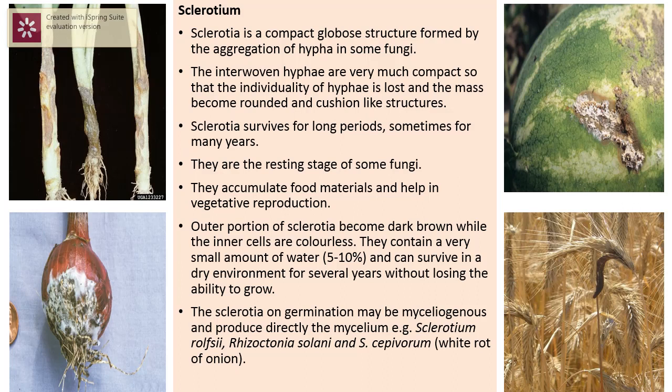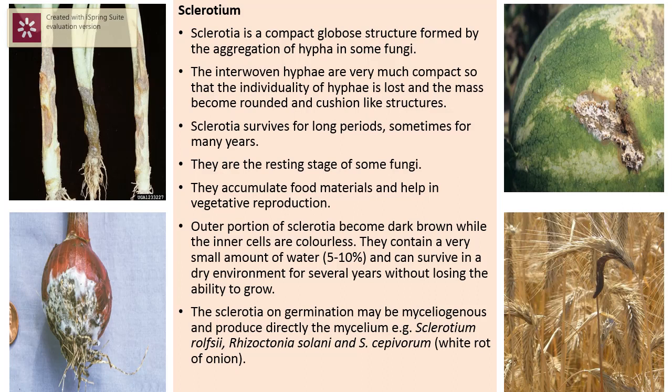Now, in these globose structures, as you can see in the picture down right, the outer portion of the sclerotia becomes dark brown while the inner cells are colorless. They contain a very small amount of water and can survive in a dry environment for several years. When favorable conditions appear, they grow into new hyphae. This sclerotial condition is also known as the resting stage in various fungi, and they have the capability to accumulate food materials.